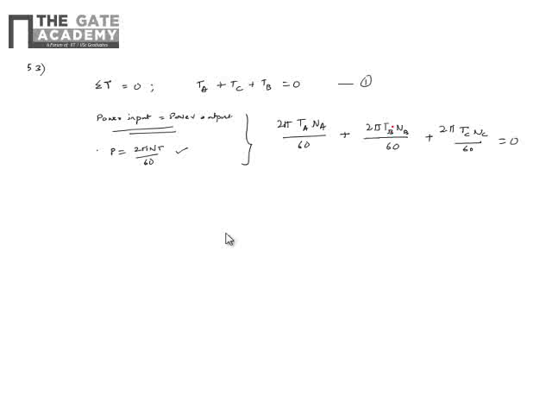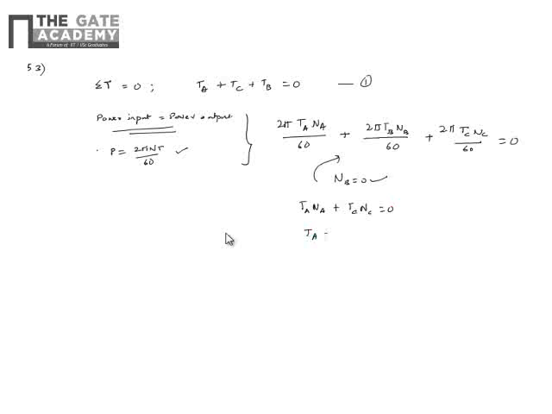Now TB is not 0, but the only thing is that B is fixed. When B is fixed, NB is 0, the ring gear. So if I substitute in this equation, I get TA NA plus TC NC is equal to 0. What I want is a relation between torque A, torque B and torque C, so I need to eliminate TA.